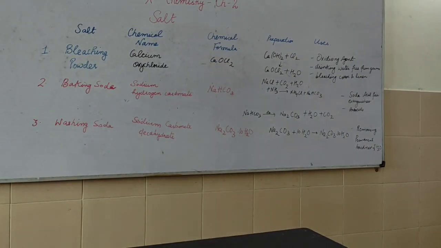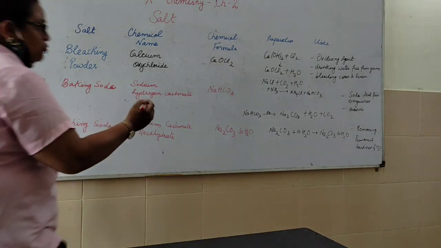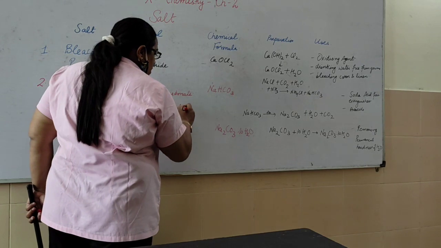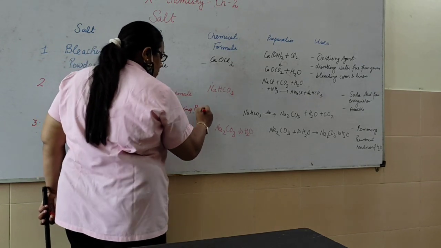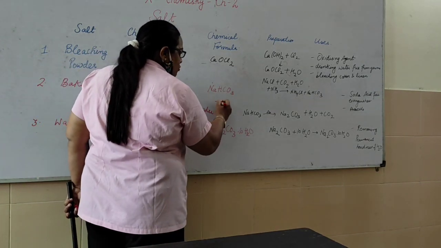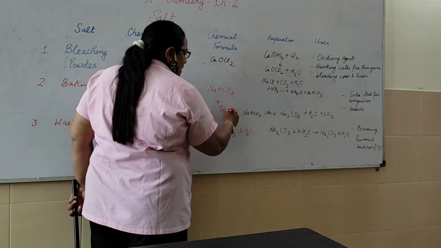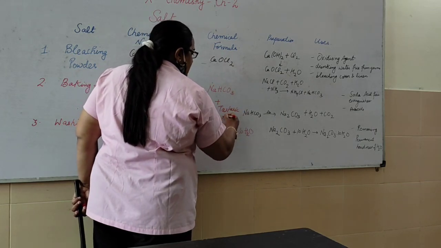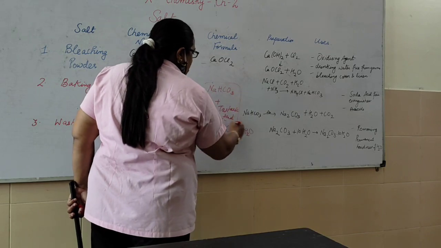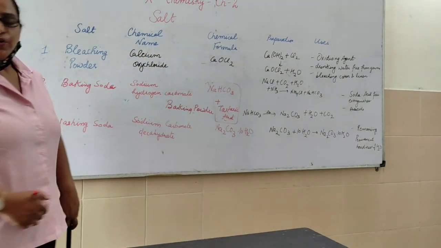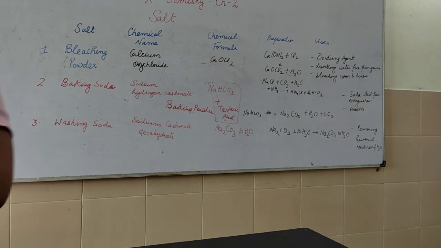So if I talk about its uses, it is used for making baking powder, which is a mixture of NaHCO3 plus a mild edible acid, that is tartaric acid. So baking powder is a mixture of baking soda plus tartaric acid and some starch also.